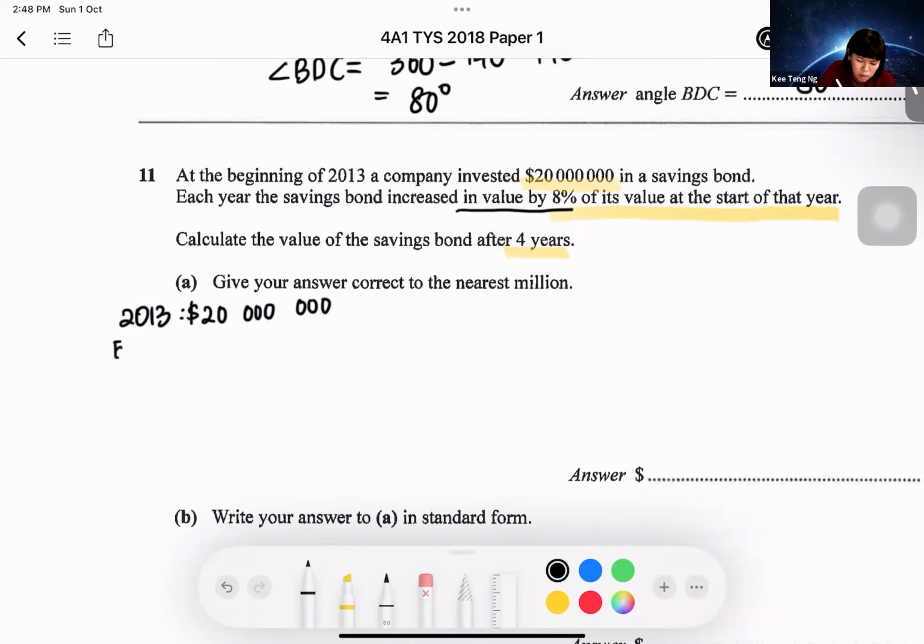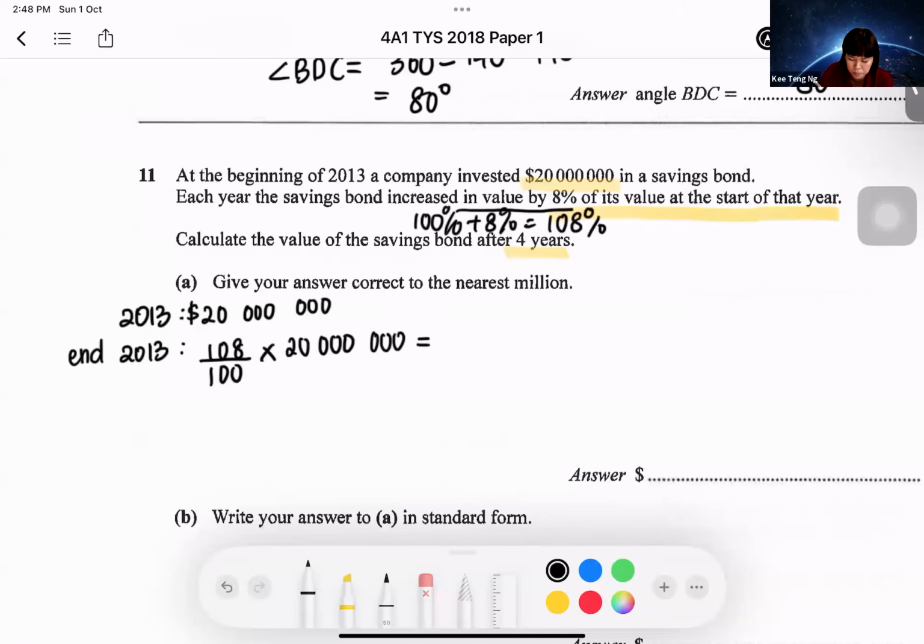So by the end of 2013, end of 1 year, increase by value 8%. So originally it's 100% plus 8%. That gives me 108%. So I need to find 108% of this number.